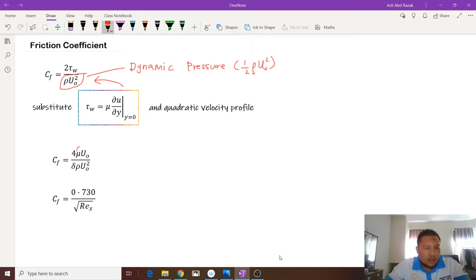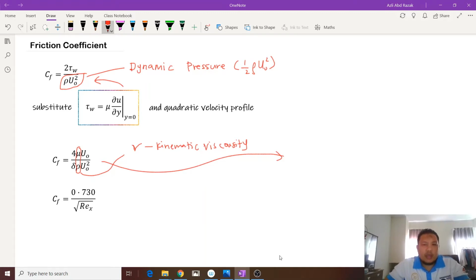So basically, if you look into this, it is half of... we call it nu, or we call it the kinematic viscosity. Now we're going to solve this equation. So let me put it here.